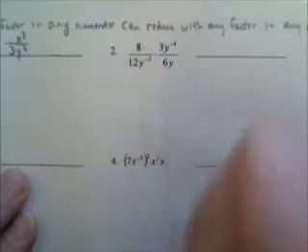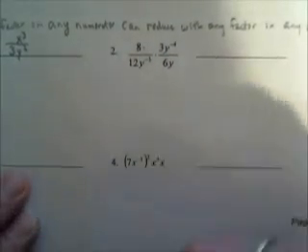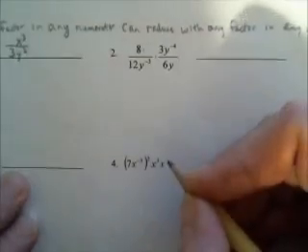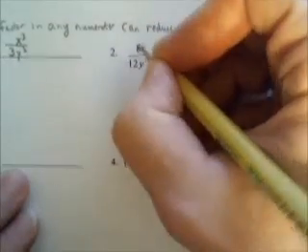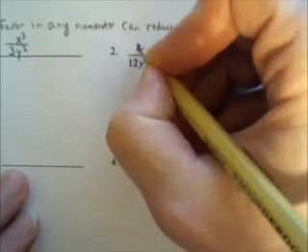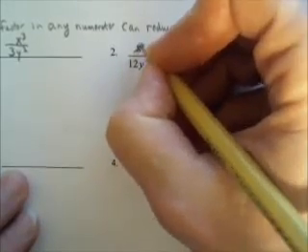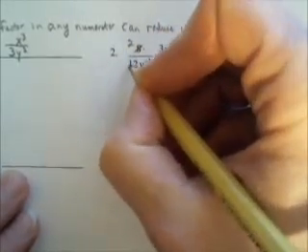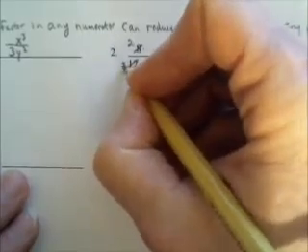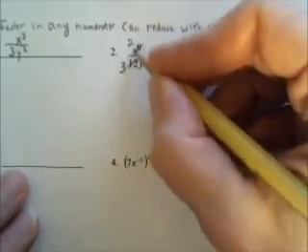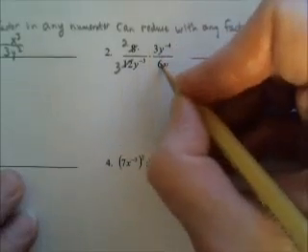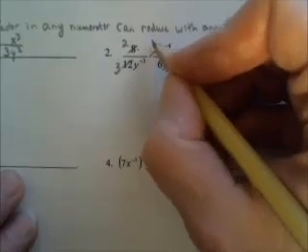There are many, many different ways to approach this, and I'm not sure which one is the best. But let's just start with, I guess I'll do it this way, 8 over 12. Well, there's a 4 in 8. 4 goes into 8 twice. 4 goes into 12 3 times. So 8 over 12 reduces down to 2/3. 3 over 6 reduces down to a half.